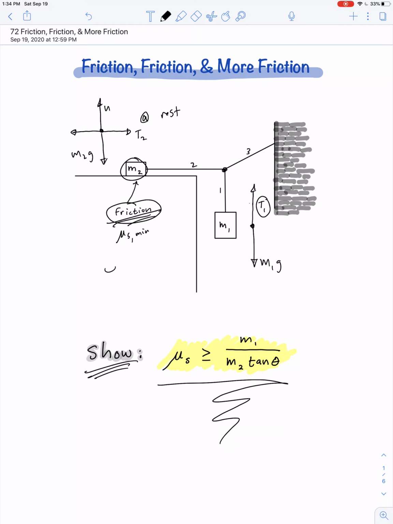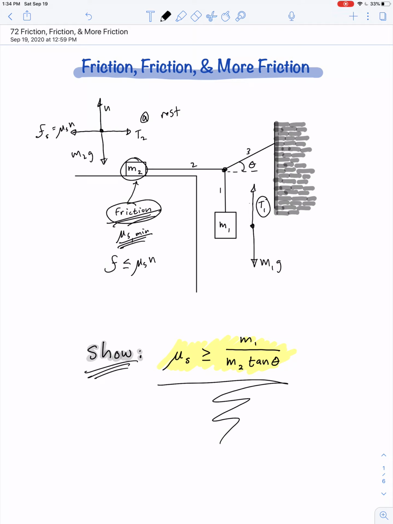So the force of friction is less than or equal to mu static times normal, but because we're trying to make this a limiting case problem, here we'll say this force of static friction is equal to mu s multiplied by N, if that static coefficient represents the minimum possible value.